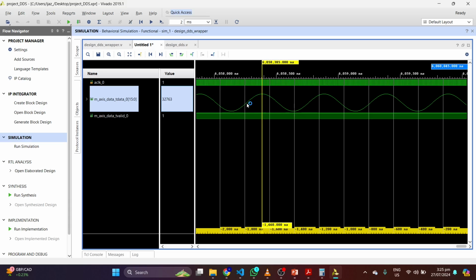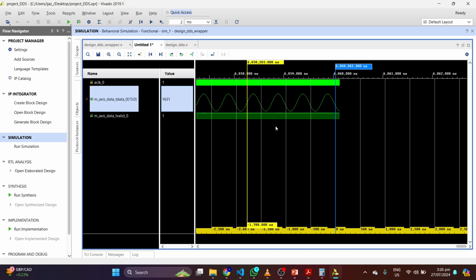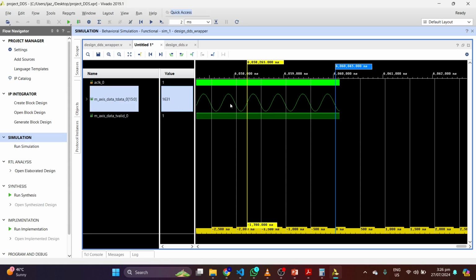Okay, you can put a marker over here and you can calculate its sinusoidal frequency. It generates the valid signal for the whole period while it is generating the sinusoidal signal.